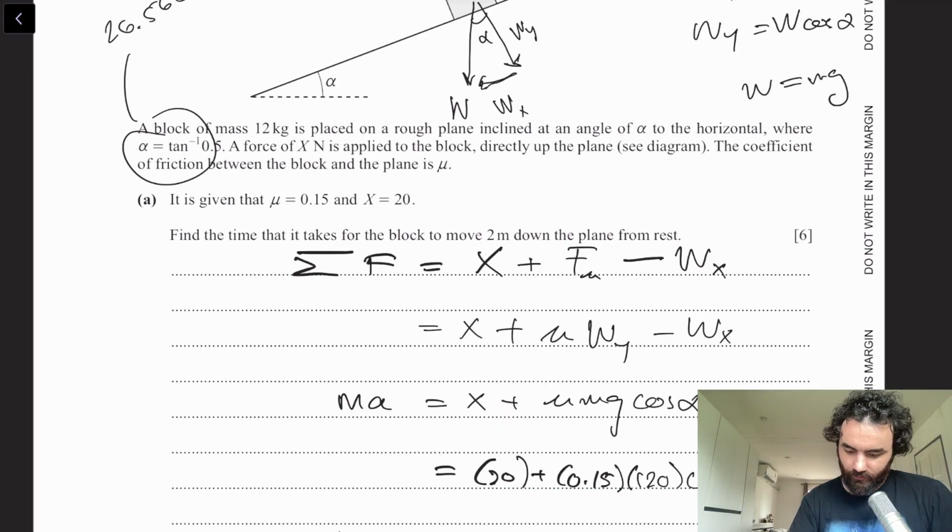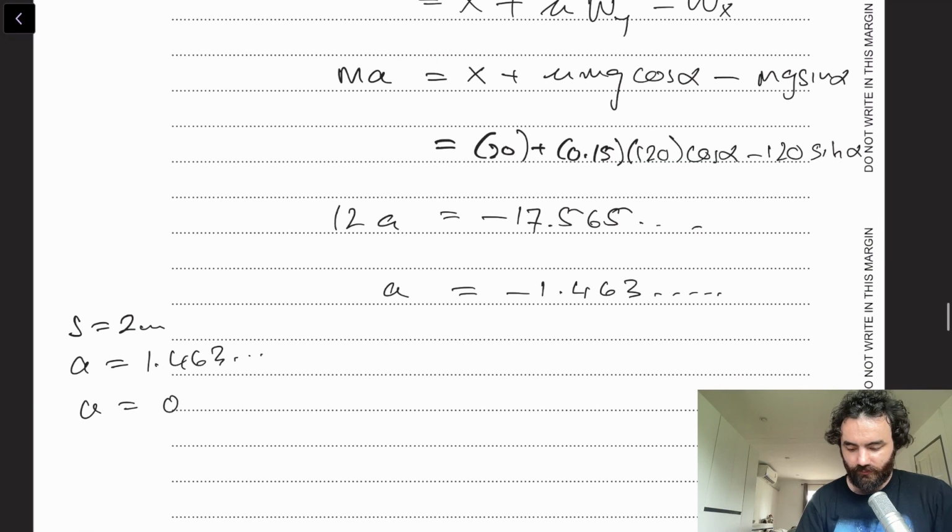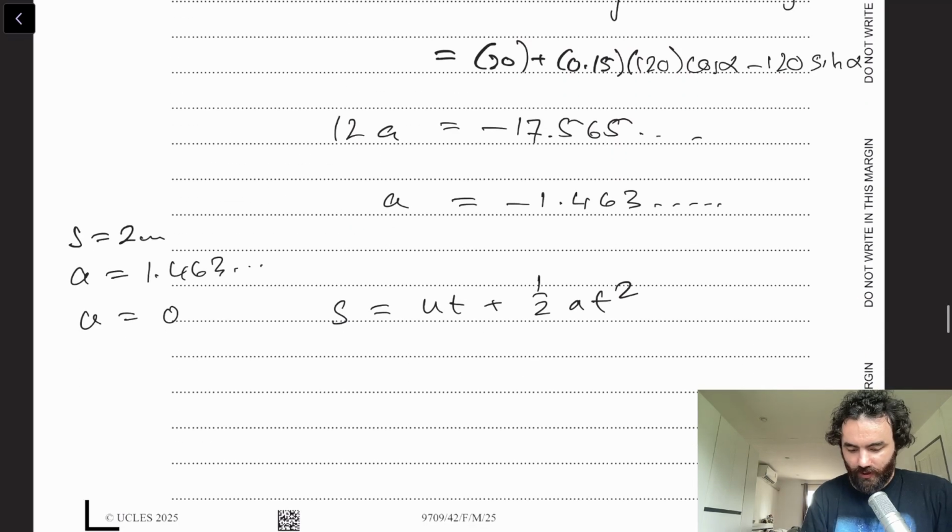Do we have anything else? The time taken. Okay, so we can use this equation. On your formula sheet, you have ut plus a half at squared. So we have this, we have this, we have this, so then we can find time.